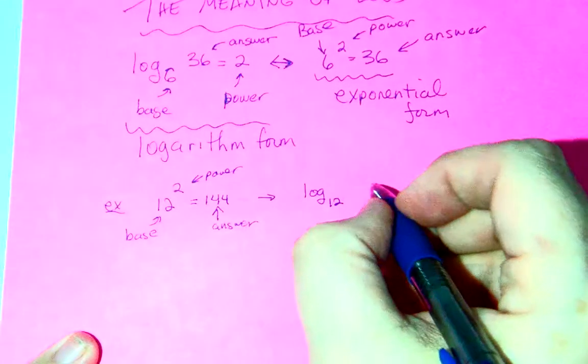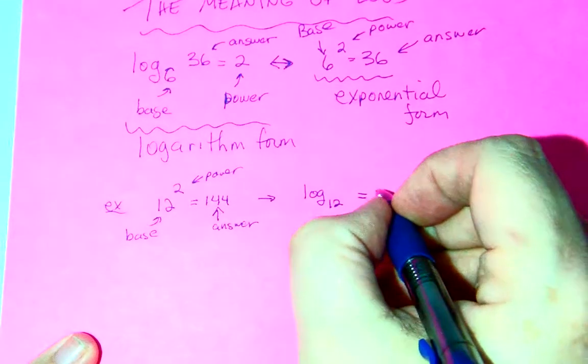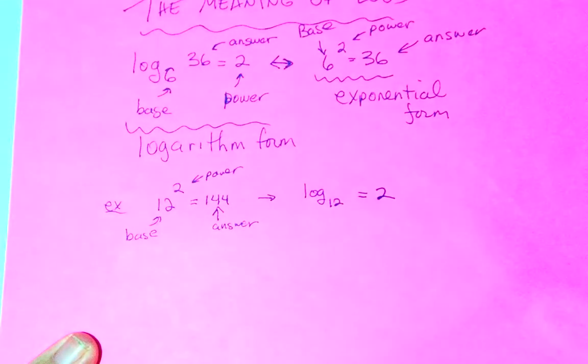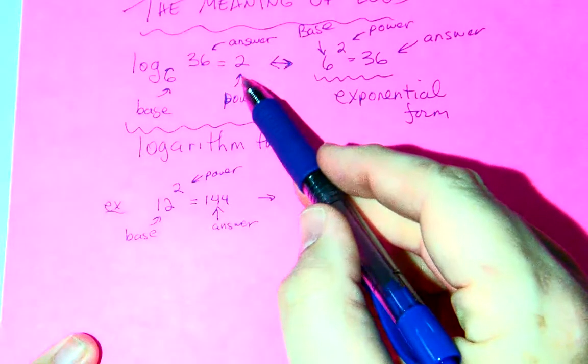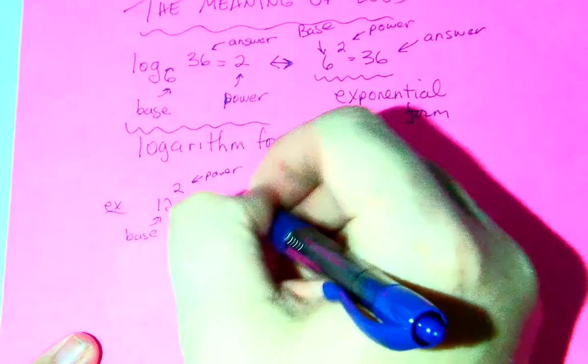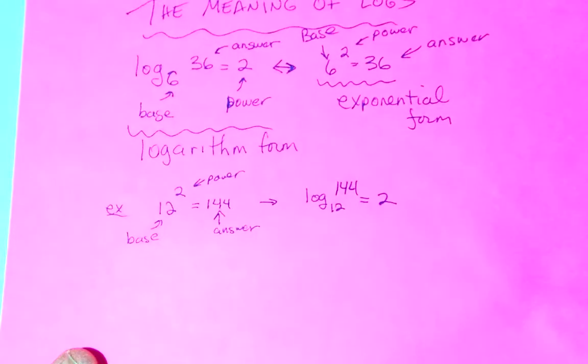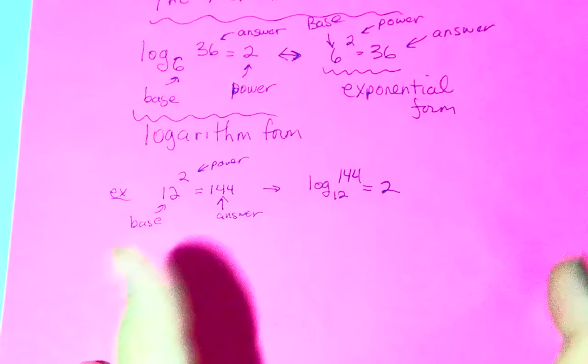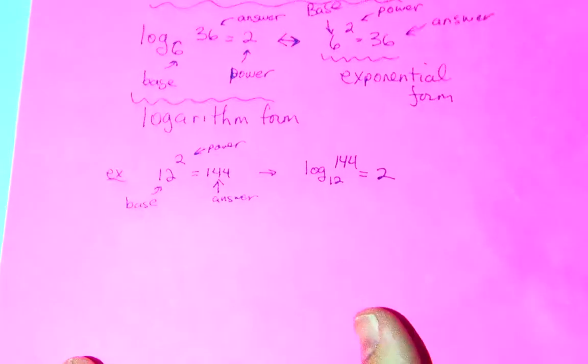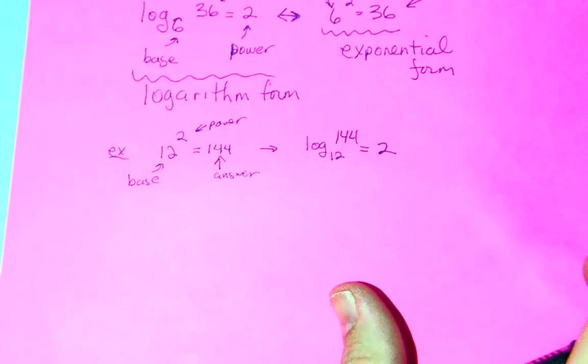And the power is 2, so if I put an equal sign, the 2 will go on the other side, because that's where the power goes. And the answer, 144, is right here. So we get those two situations going really well.